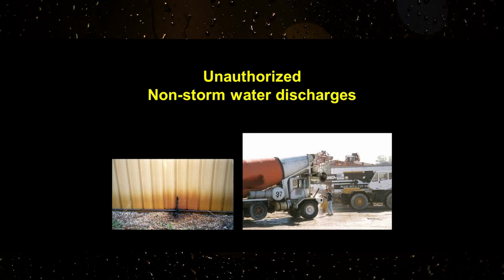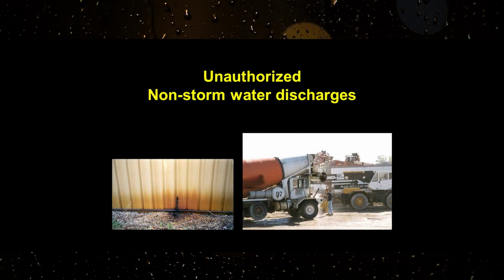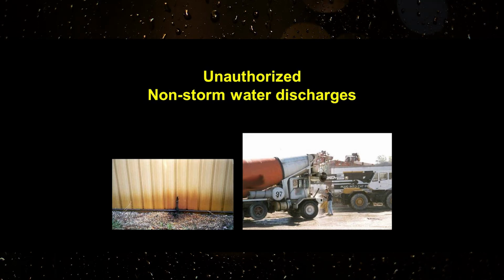Non-stormwater discharges that are not listed in the permit are unauthorized discharges. By signing the notice of intent, the permittee is certifying that there are no unauthorized non-stormwater discharges. Discharges of wastewater other than stormwater must be authorized by other NPDES permits.